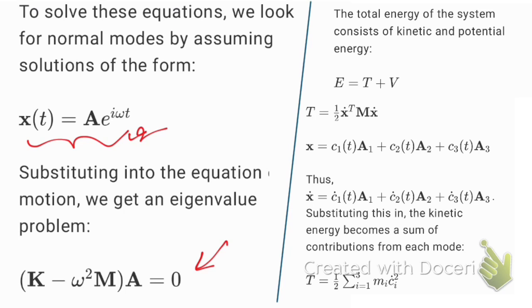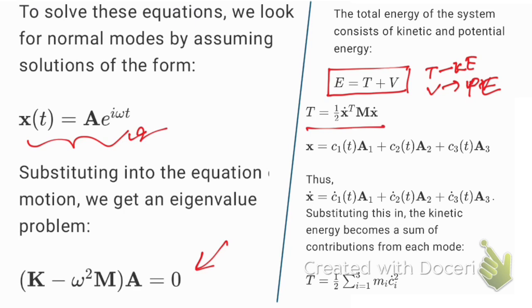Then the total energy is given by kinetic energy plus potential energy, where T means kinetic energy and V means potential energy. This is the expression for kinetic energy: T is equal to half the summation from i equal to 1 to 3 of m_i ẋ_i squared. Hope you can see it.